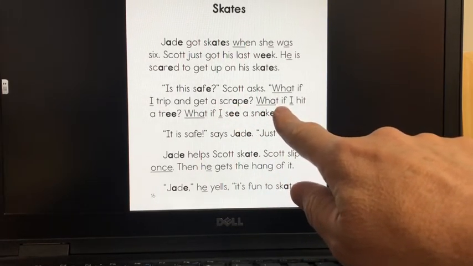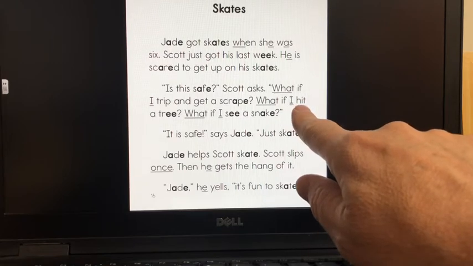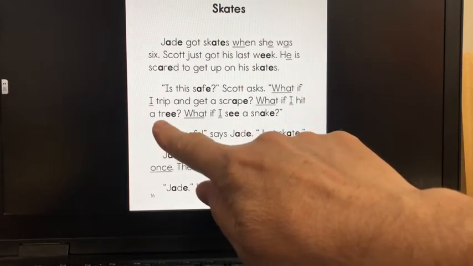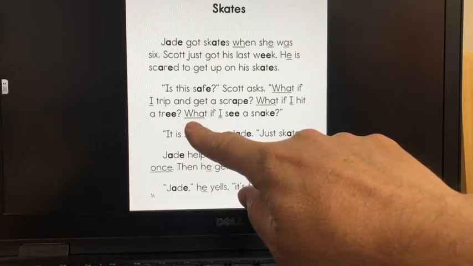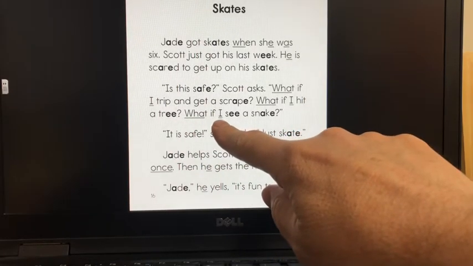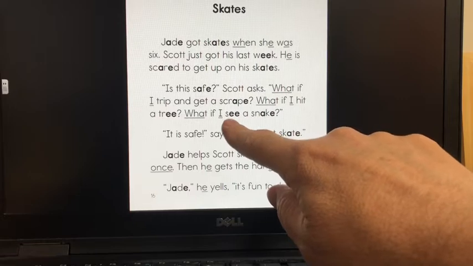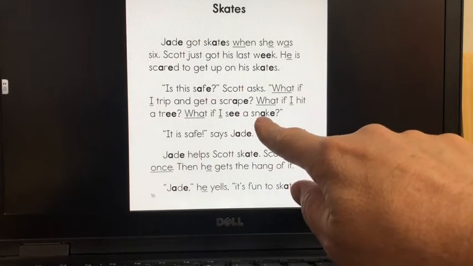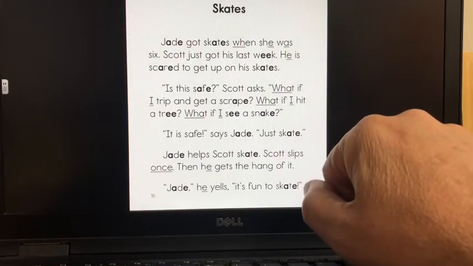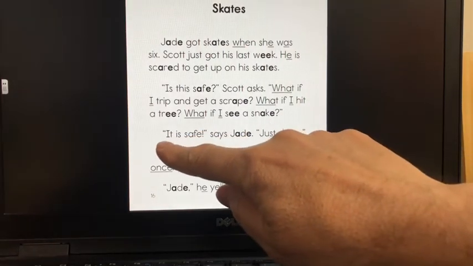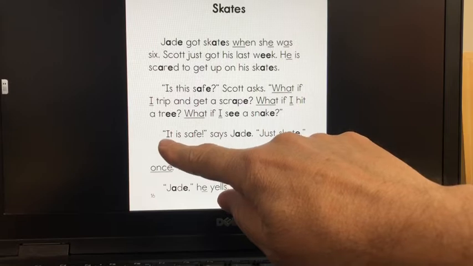What if I hit a tree? Well, that could happen, huh? What if I see a snake? What if I see a snake? Mrs. Burnett saw a snake in our yard yesterday.